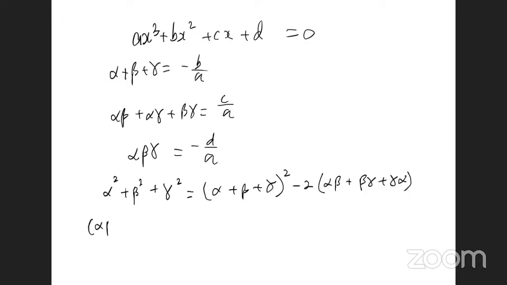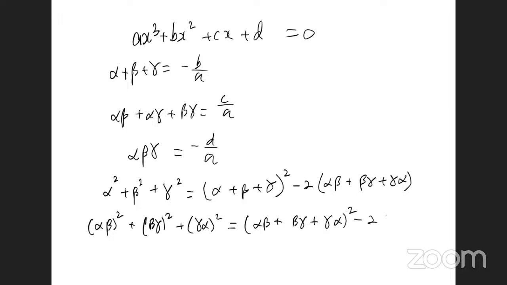And in case they ask you alpha beta squared plus beta gamma squared plus gamma alpha squared, that will be (alpha beta plus beta gamma plus gamma alpha) squared minus 2 alpha beta gamma times (alpha plus beta plus gamma). They will give you this in the exam most of the times, but this is not the exam, so you have to learn it.